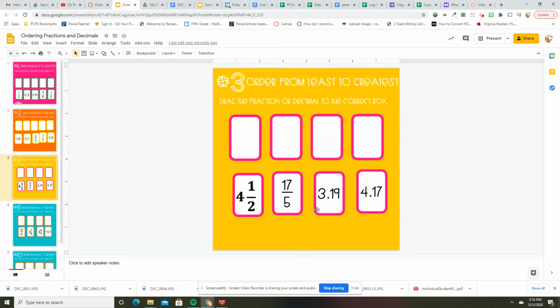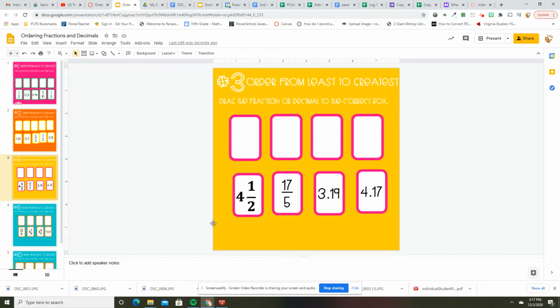So this one is 3 and 40 hundredths. Okay, this one is 4 and a half, 3 and 19ths, 4 and 17ths. So all of these are going to have a whole number. So when you're ordering them, you're going to have to look at it having a whole number and it not.